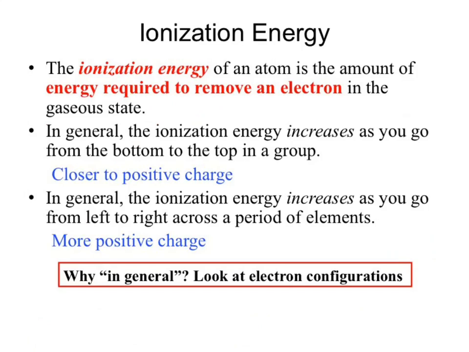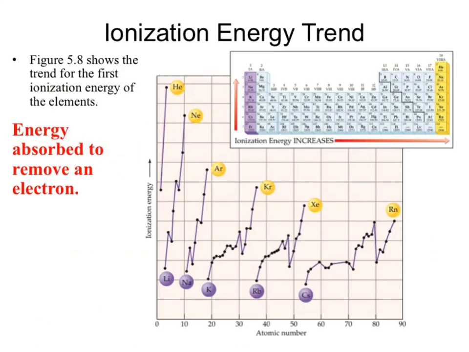In most of these, or in these two cases, and even with our radii, we say in general. Why do we say in general? Okay. It has to do with the electron configurations. Okay, so what we could do is jump to our ionization energy trend, and we can take a look at these. As we move from helium to neon to argon to krypton to xenon to radon, where are those relative to each other on the periodic table?